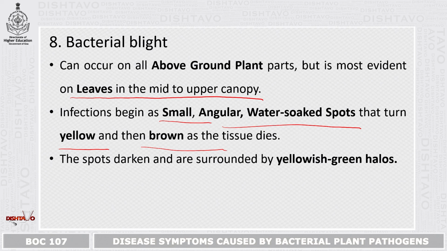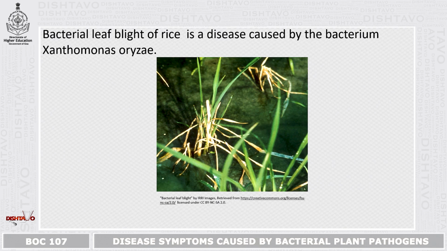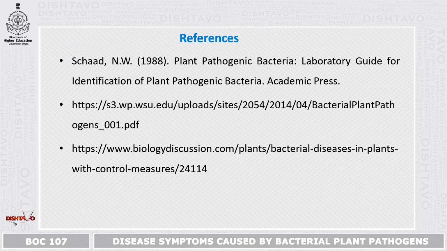The spots darken and are surrounded by yellowish green halos. The example is bacterial leaf blight of rice, a disease caused by the bacterium Xanthomonas oryzae. This picture is showing bacterial leaf blight in rice.